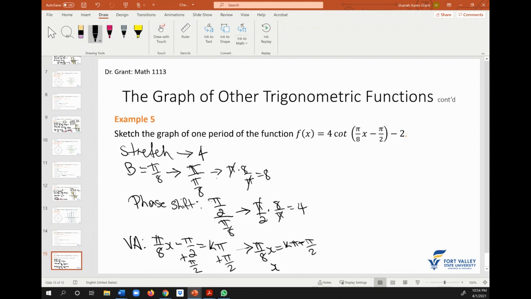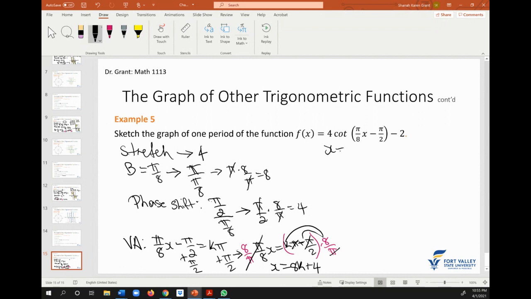So that means x, of course, I'm going to use a trick of multiplying by the reciprocal on both sides. So these cancel out. So x is going to be, the pi's go away, and then I multiply each side by 8. So that's going to be 8k. This is going to be 2 plus 4.